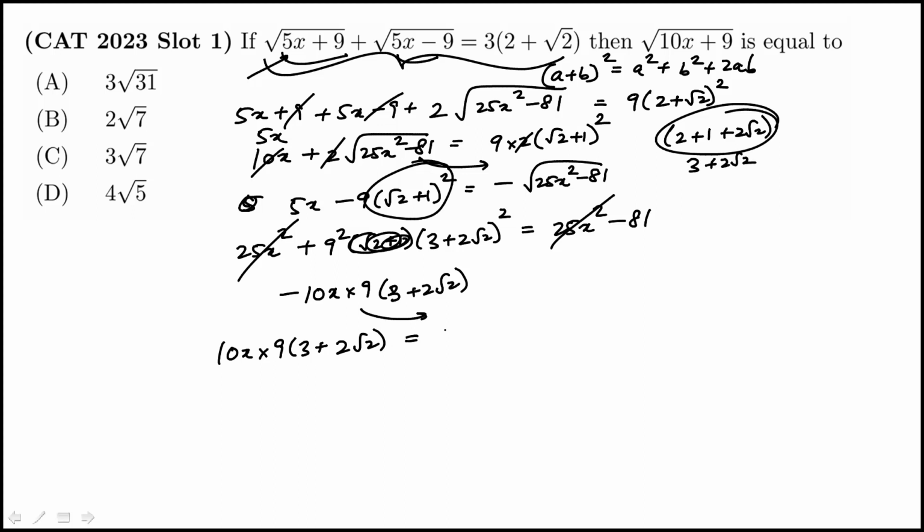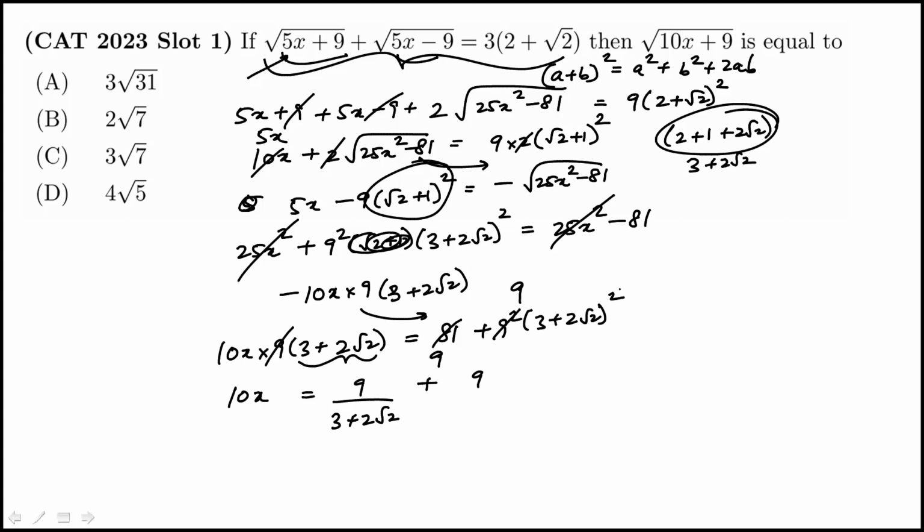So it's 81 plus 9 square. And now I notice I can divide by 9. So that's 9. That becomes 9. And then I'm going to divide by 3 plus 2 root 2. So that becomes 9. I'm trying to do as little work as possible. And since I have a square here, I just end up with that. And then what I'm going to do is to rationalize this. 3 minus 2 root 2.